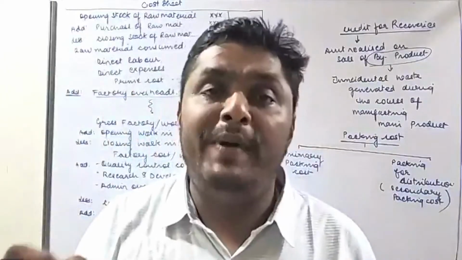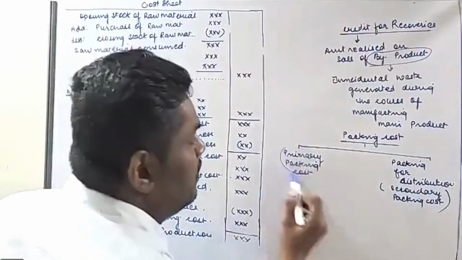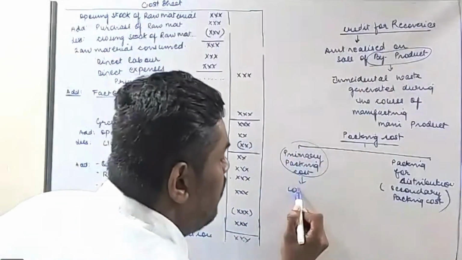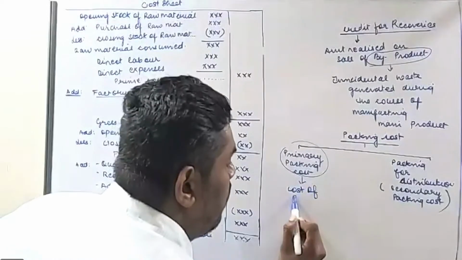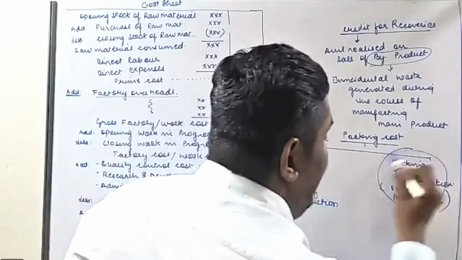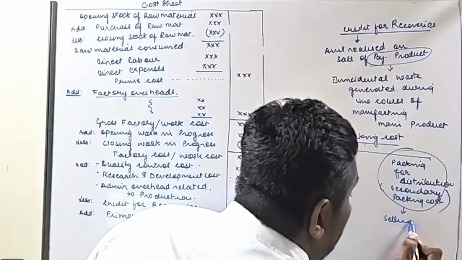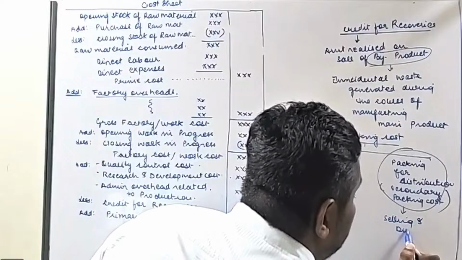When talking about primary packing cost, it will form part of cost of production. And when talking about secondary packing cost, it will form part of selling and distribution cost.